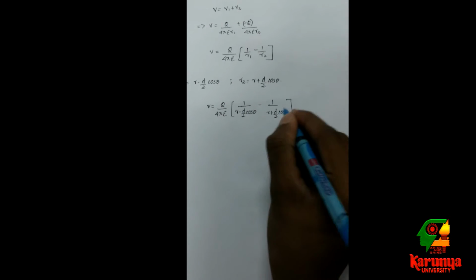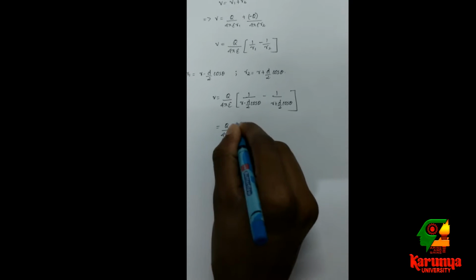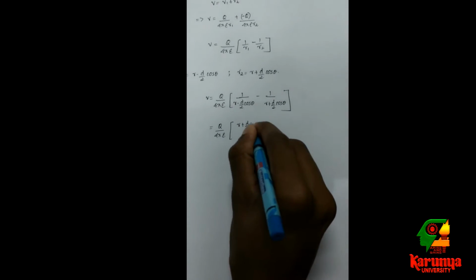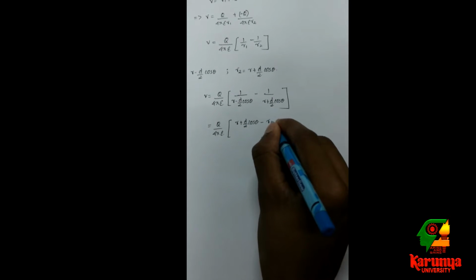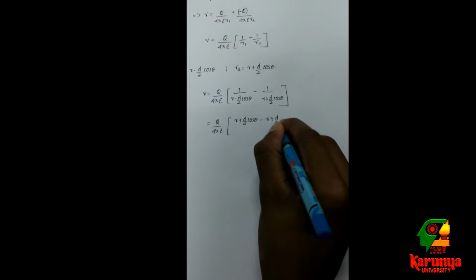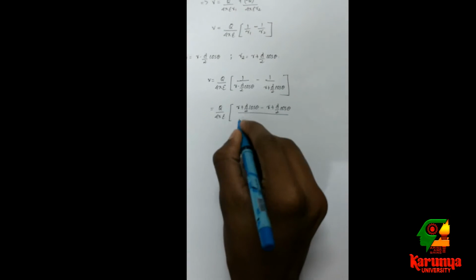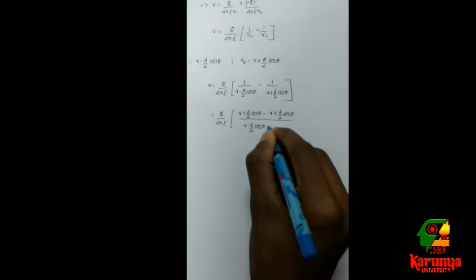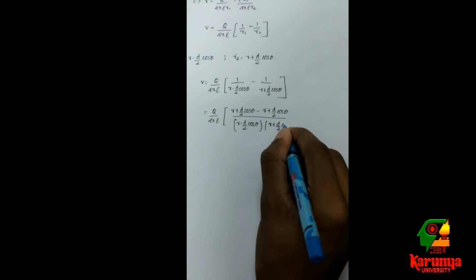On combining, we get q by 4 pi epsilon into r plus d by 2 cos theta minus r minus d by 2 cos theta, divided by r minus d by 2 cos theta into r plus d by 2 cos theta.